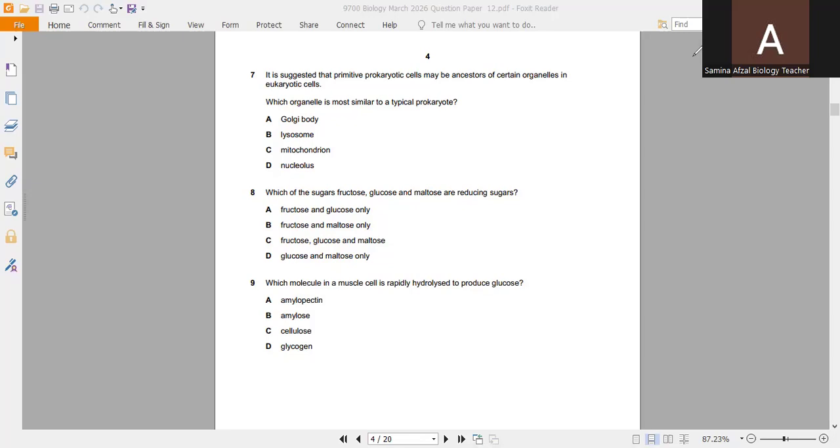Which organelle is most similar to a typical prokaryote? Golgi body, lysosome, mitochondrion, and nucleolus. I would like to explain according to the endosymbiotic theory, which you have read in your book.